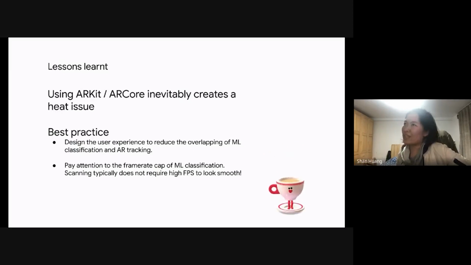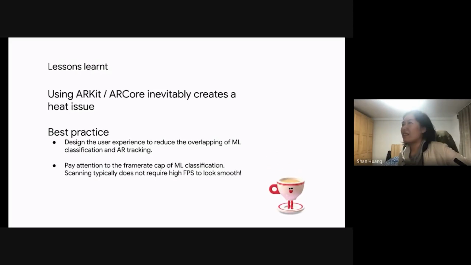So this is actually the case for ShareJoy in a lot of cases. For example, when people are scanning their first characters, there's nothing in the 3D scene yet. So we only need to run the machine learning model itself. We don't need to run any of the AR component.